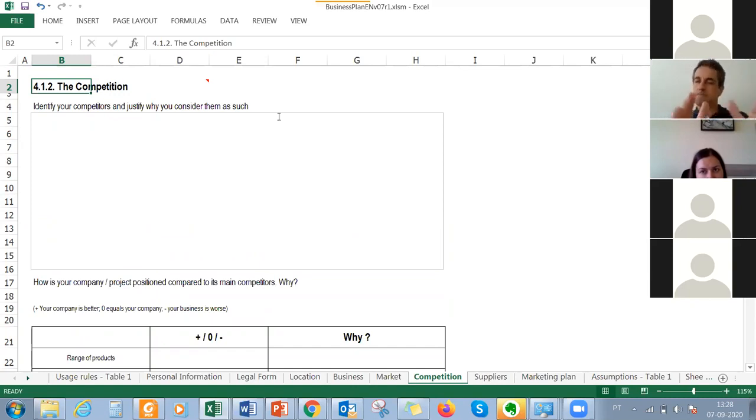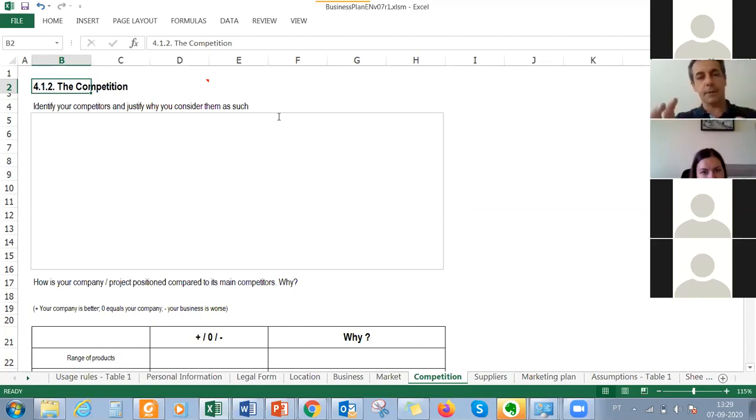But you can also give to the students additional work so they could think about competition using additional tools to think about competitors. So I'm thinking there are tools like the five forces from Michael Porter.